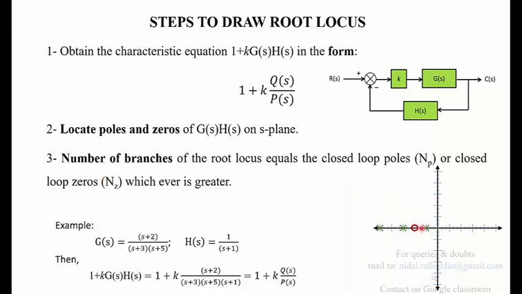For example, in this particular case we have 3 poles and 1 zero. So the final root locus for this system will have 3 branches, because the number of poles is 3, which is greater than the number of zeros. Had the system had more zeros than poles, in that case the number of branches would be equal to the number of zeros.